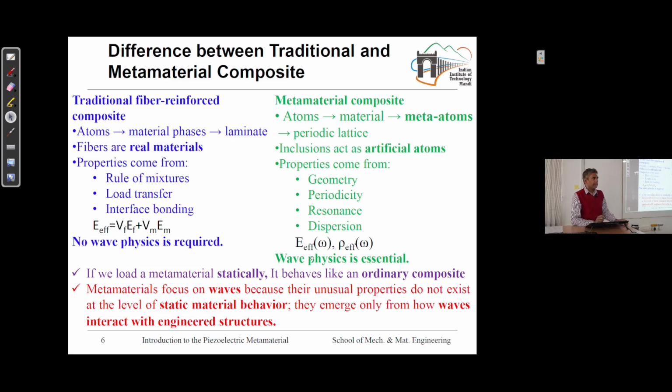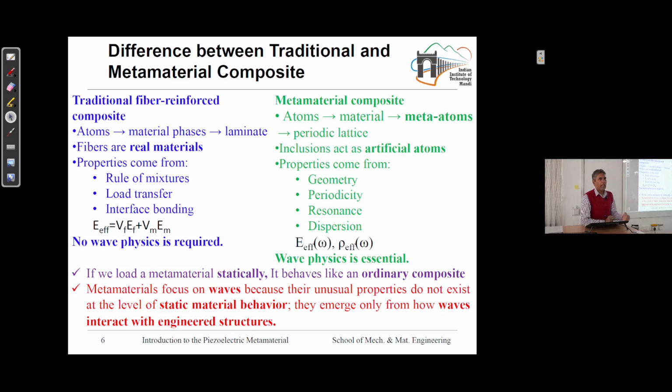So metamaterial composites are designed to sustain dynamic loading, because only under dynamic loading do we have frequency, that is, the structure can vibrate. So we have the frequency omega.